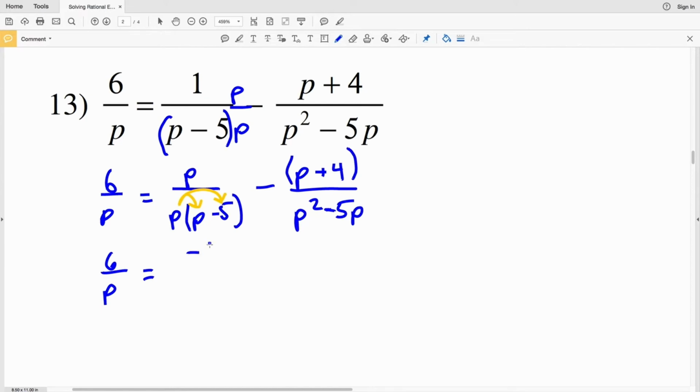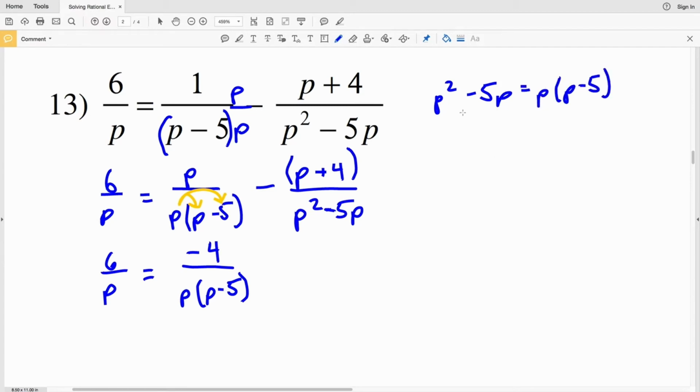So we'll have negative 4 all over p times p minus 5. And that's because, if you need to write this down, p squared minus 5p is equal to p times p minus 5. They are equivalent.